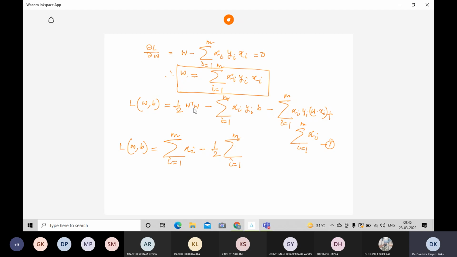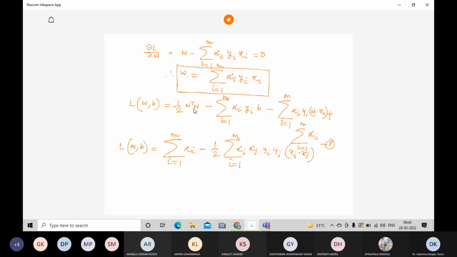You will get this derivation where we have two different vectors xi and xj. So here we can write summation over alpha i minus half of summation over alpha i alpha j yi yj into xi dot xj.